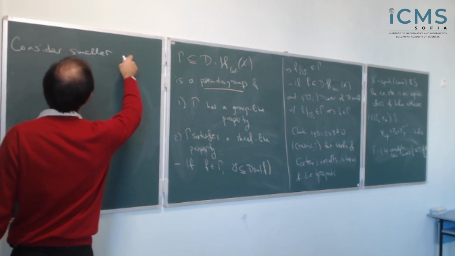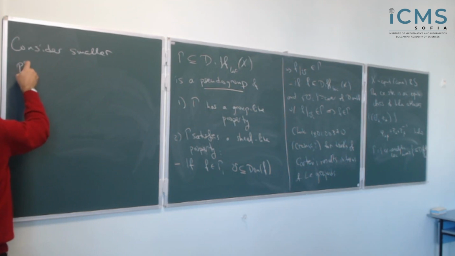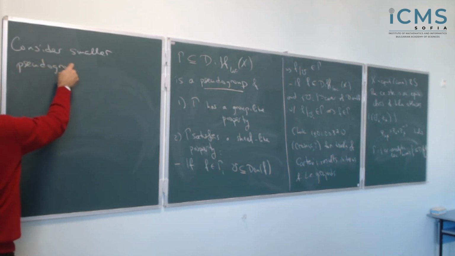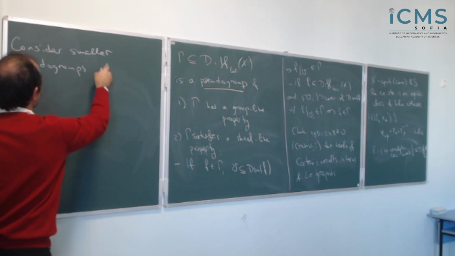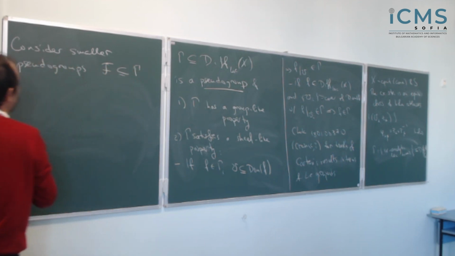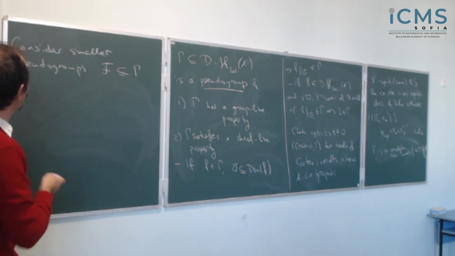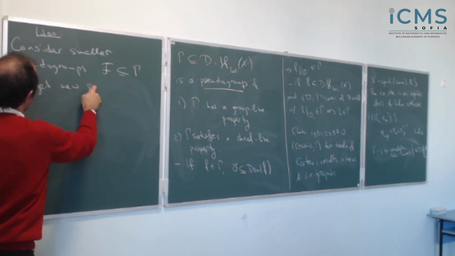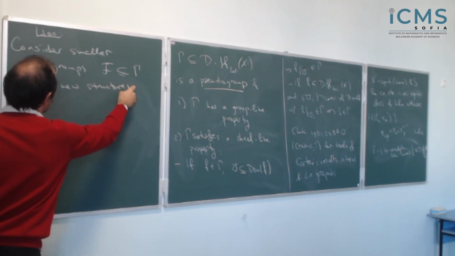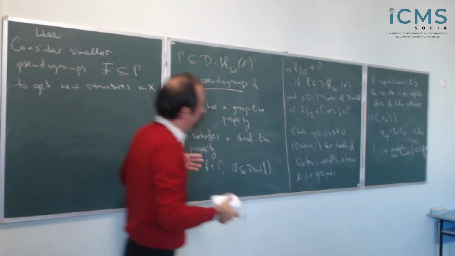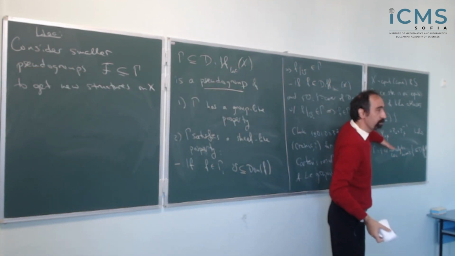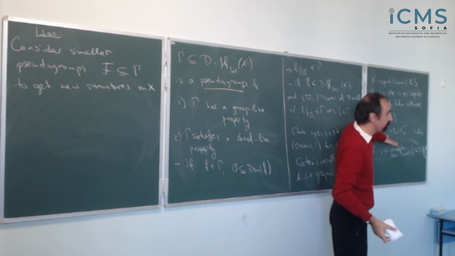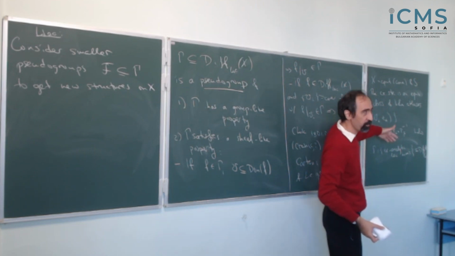Consider smaller pseudo groups inside gamma to get new structures on X. In other words, the idea would be to restrict the gluing data to a smaller class and choose gluing functions that are of some special nature.